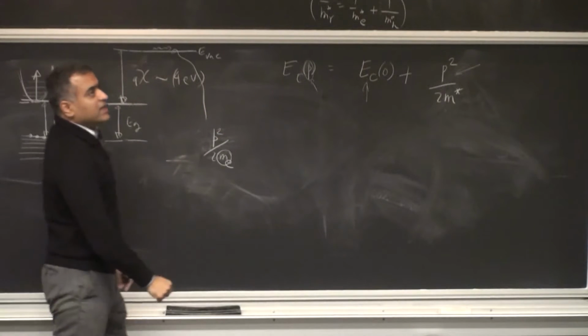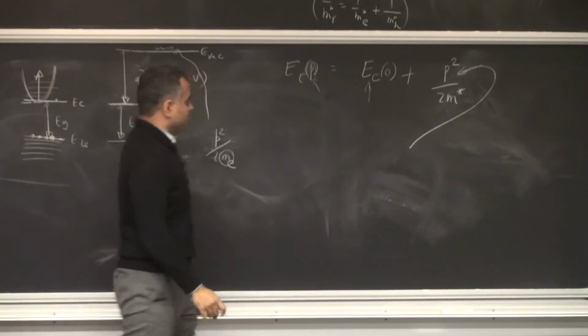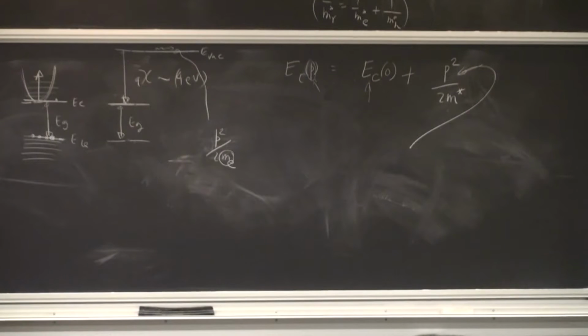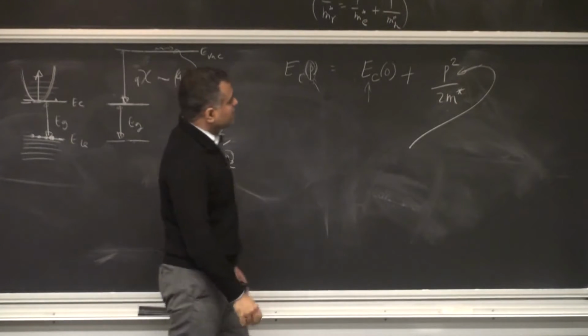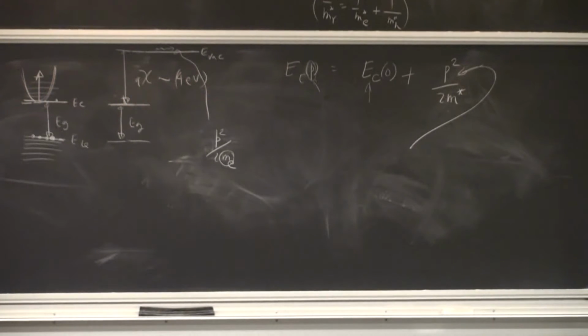And the other very important thing, which is a pure result of quantum mechanics, is what is the momentum of the electron? We can say, well, it's mass times its velocity. But as you know, one of the big changes in physics last century was that all particles have wavelengths too.